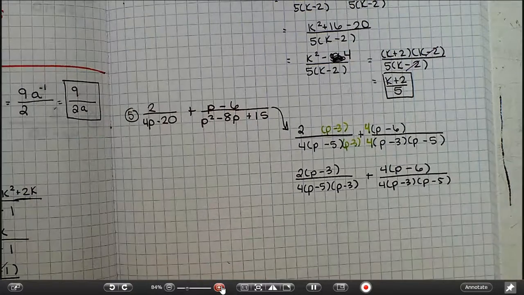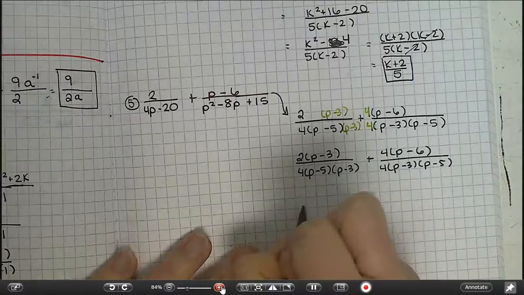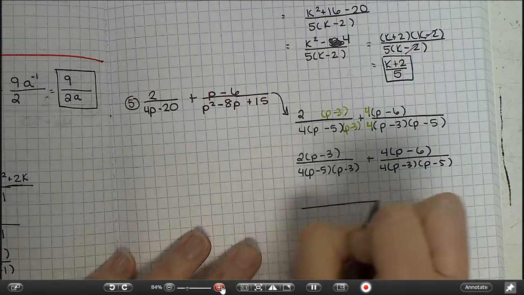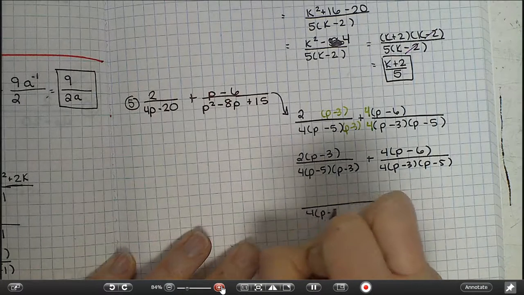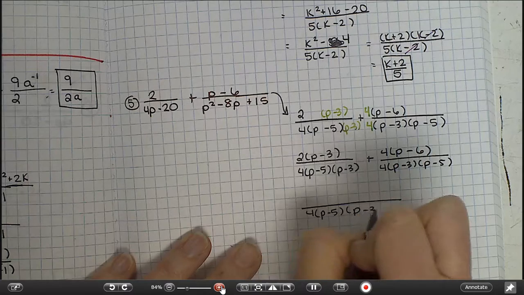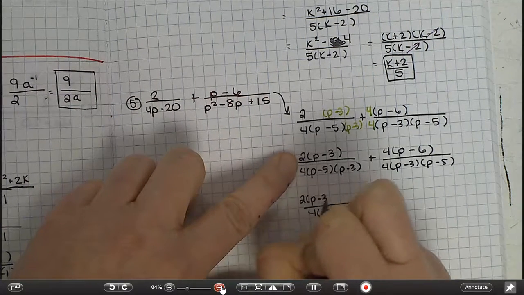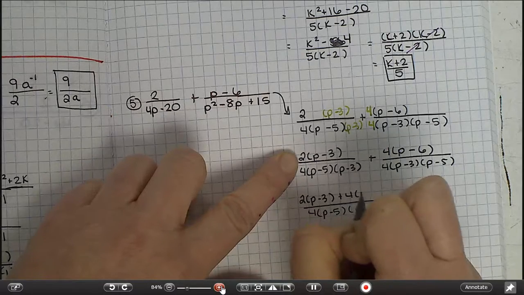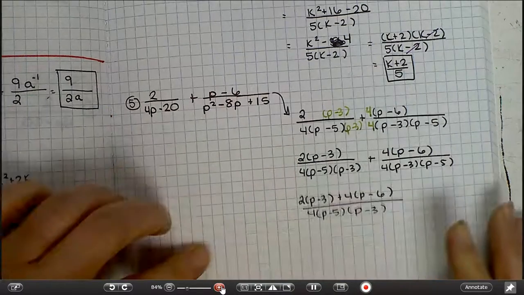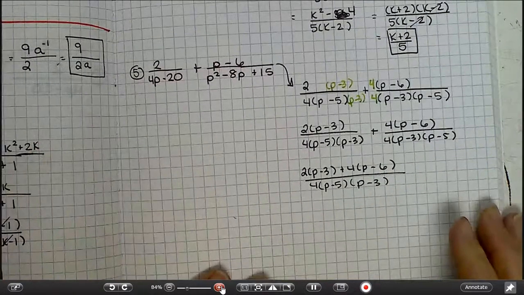Now the bottom's great just the way it is, but we're going to need to work on the numerator. So our denominator now stays the same. And our numerator, and I'm doing like extra steps just to show you all the steps.